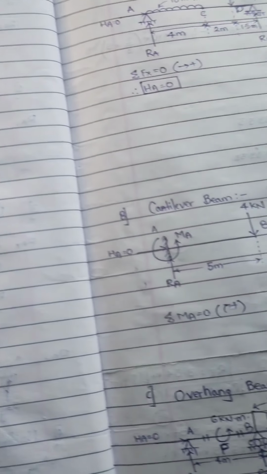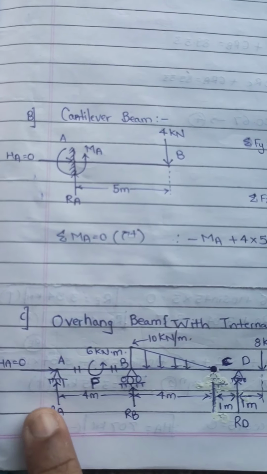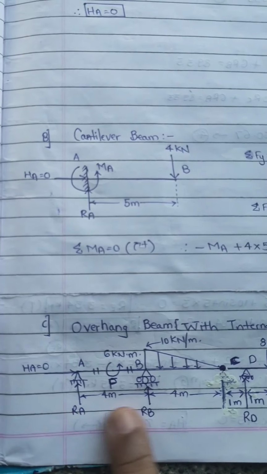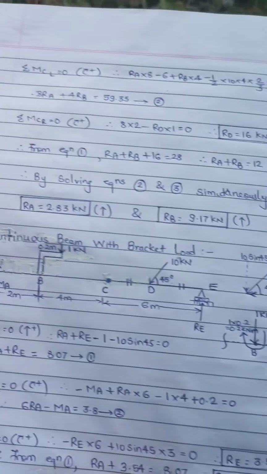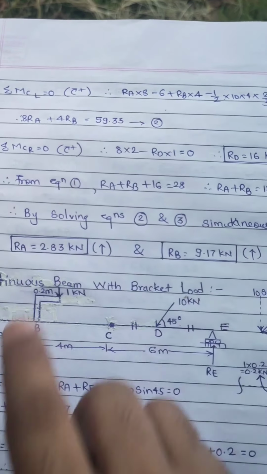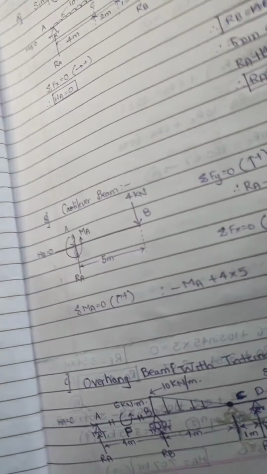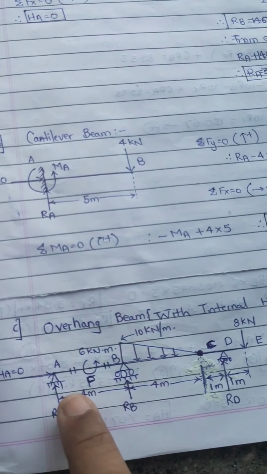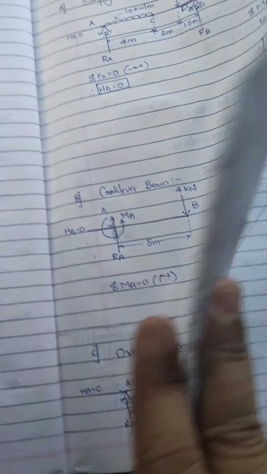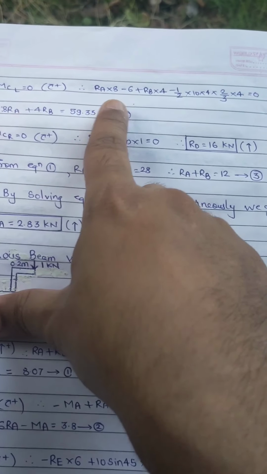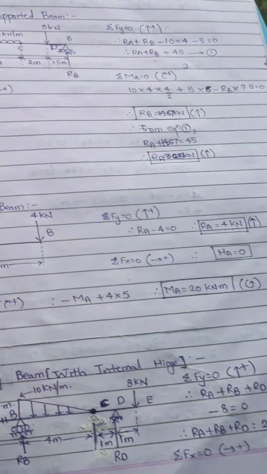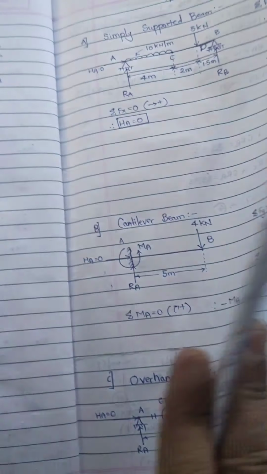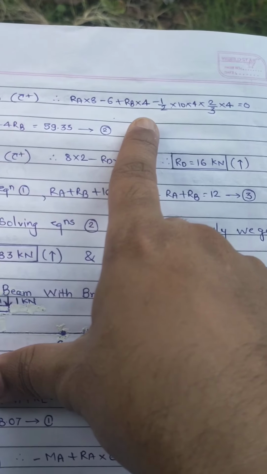In the left part I have RA going clockwise, so RA into 8, this distance is 8. Then I have an anti-clockwise moment of 6 kilonewton meters, so minus 6, I've written here minus 6. Then I have RB again going clockwise, so RB into 4.